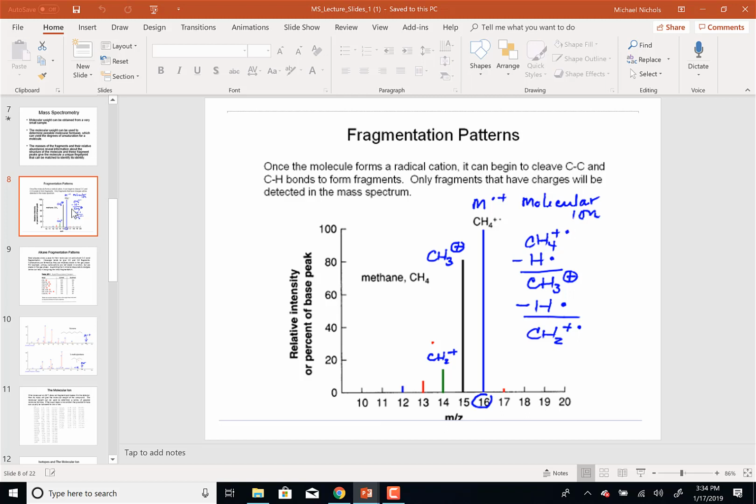And in theory, I don't think this is drawn to scale, although it might be, this peak should be 1% of that peak, given that it's a probability of 1% carbon 13 for every 100 carbon 12. So that's what's called the M plus 1 peak, because it's now got an additional AMU on it.